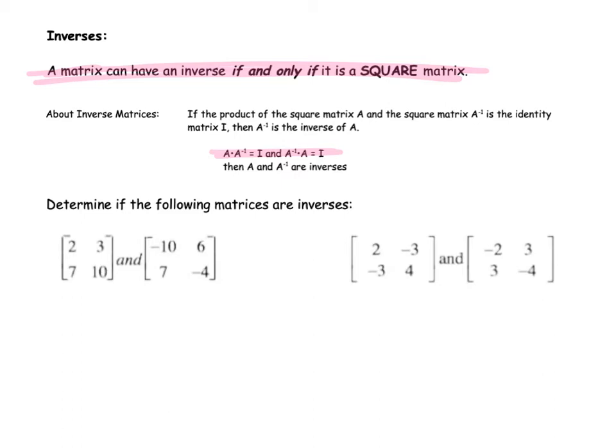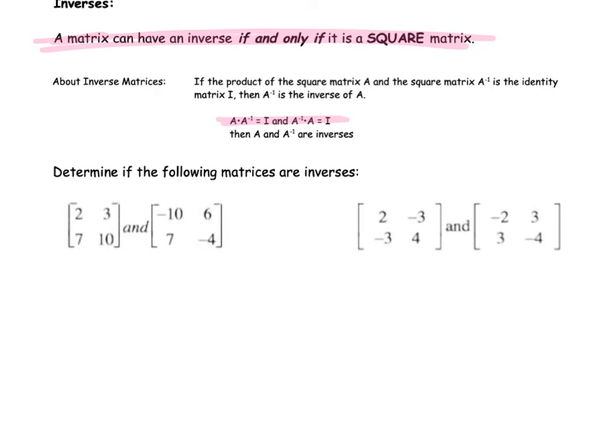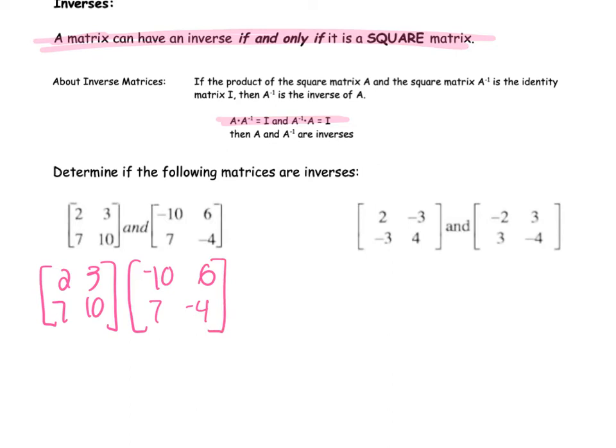Okay, so now we are just going to do some practice, and we are going to determine if these two things are inverses of each other. In order to do so, I'm going to multiply these together. When I multiply them, I'm going to do it down here so I don't run into my other problem. First row times first column, that's negative 20 plus 21.